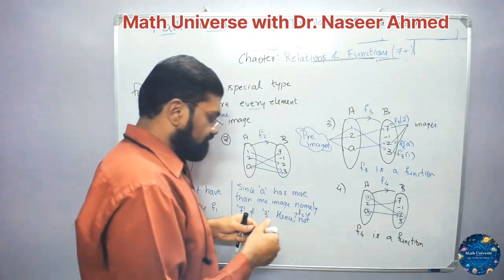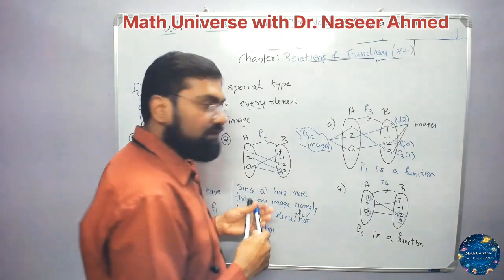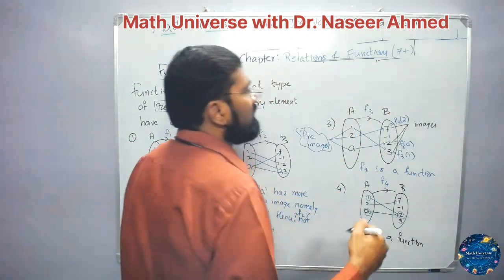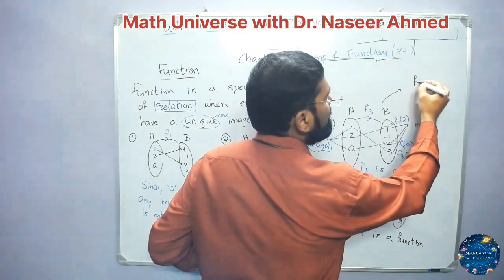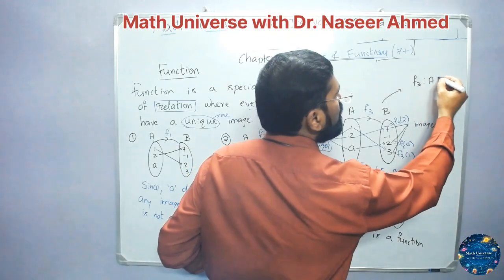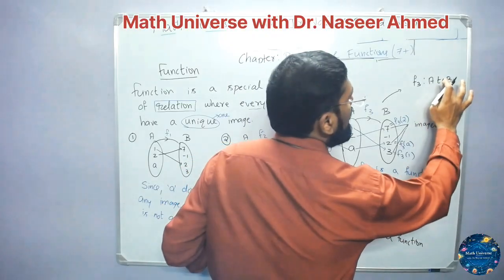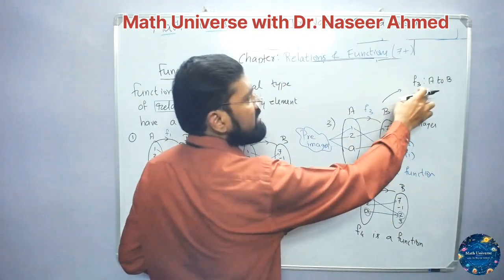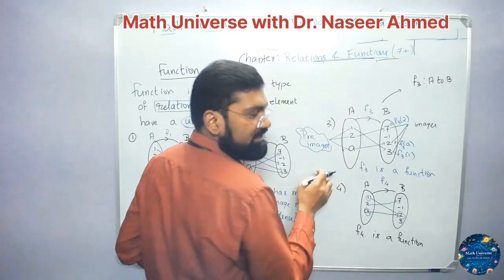Now, since F3 is a function, how are we going to write a function from A to B? See carefully. Since F3 is a function, we are going to write this as F3, because I've taken F3 here, a function from A to B. In all our problems, whenever we see A to B, the first set, the set of all the elements having images, is known as the domain. What is it known as?